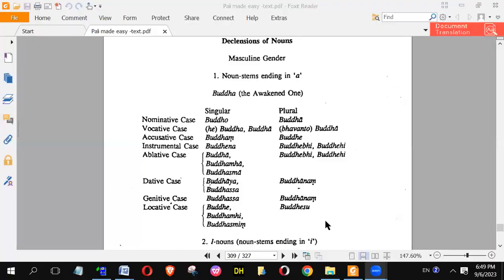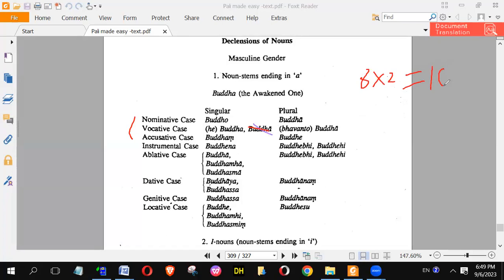So basically you just need to remember Buddho, Buddha, Buddha. Okay, we need to cancel this one. We don't need this. Buddho, Buddha, Buddha, Buddha, Buddham, Buddhe. Remember these three, decide. Because if I ask you to remember 8 cases times 2, that equals 16.